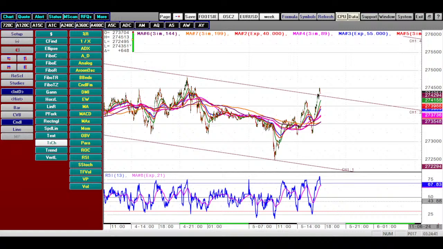Okay, so Aussie dollar is filled. Let me see what order that is. I'm not sure about the Aussie dollar buy open.